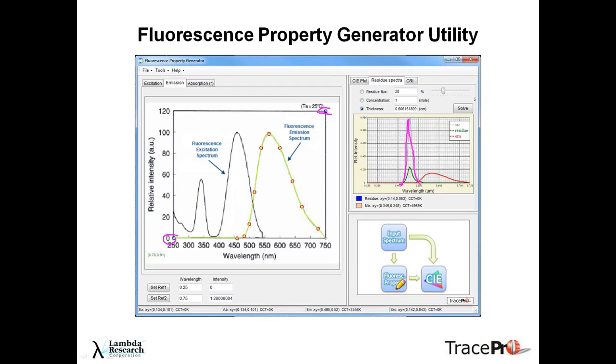And we're seeing here the residual spectrum. This is the blue light that gets through the phosphor. And then here's the phosphor emission. And combined, these two will make up the white light. So we can go up here, change the residual percentage, see what the effect is going to be, see what our resulting color temperature and CRIs are going to be.